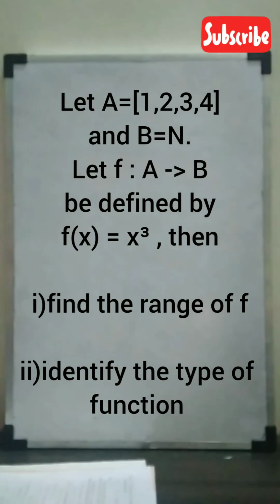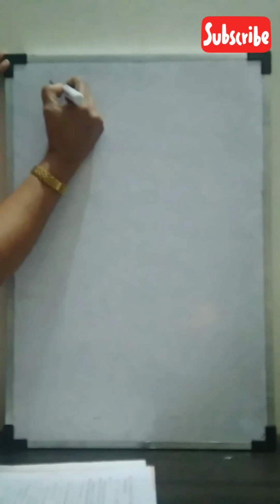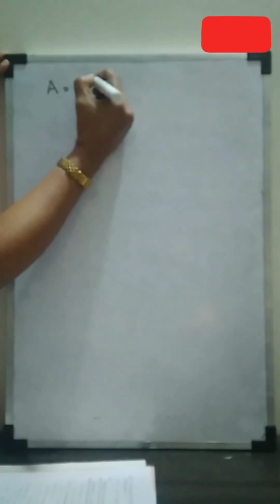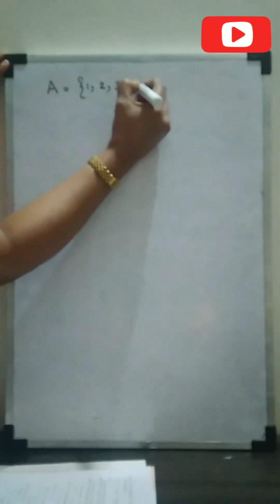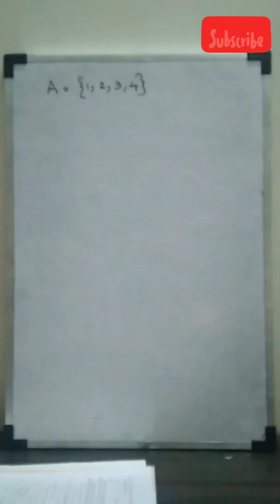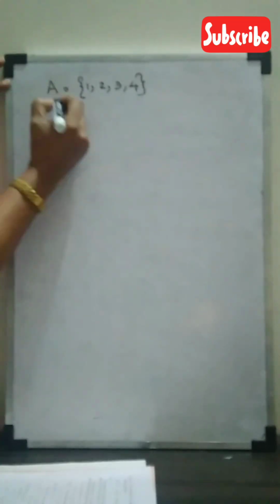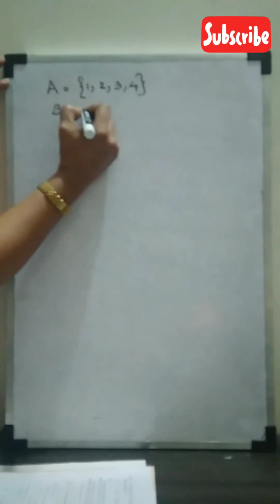So first இங்கே என்ன கொடுத்திருக்காங்க? Let A is equal to 1, 2, 3, 4. ஒரு finite set கொடுத்திருக்காங்க இல்ல? And B is equal to N, that is natural numbers.